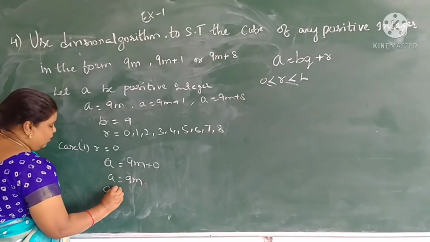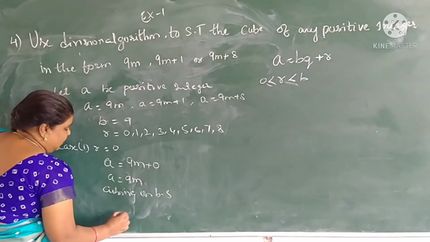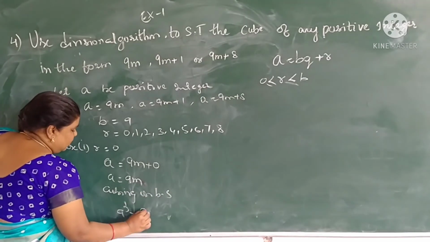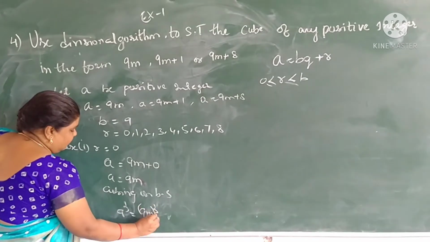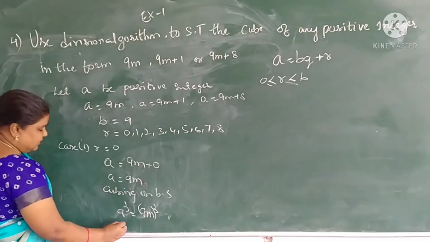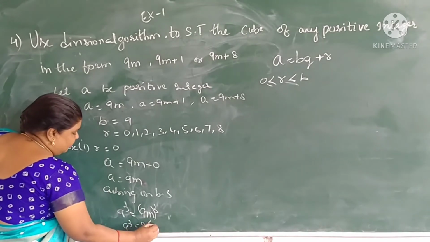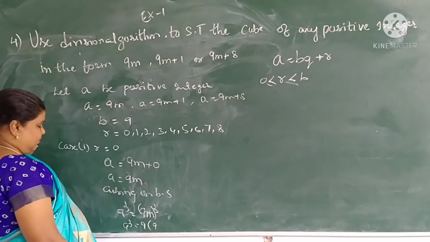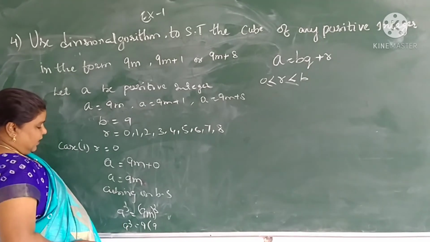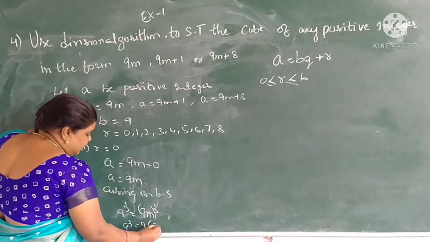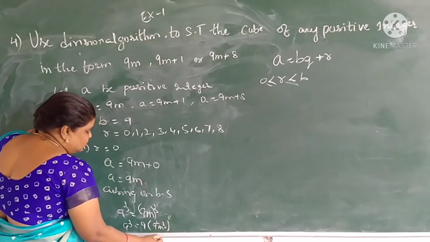You have to cube both sides. It will be a cube is equal to 9m whole cube. So what happens here? We have to take 9 common, and we take 9 square and m cube.